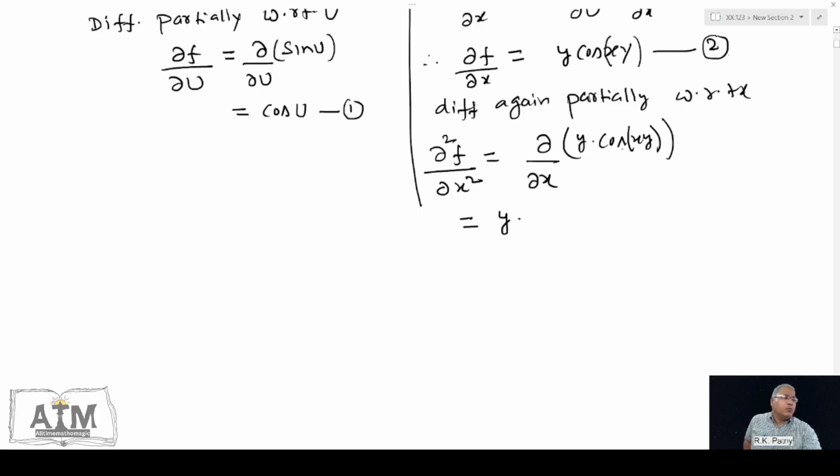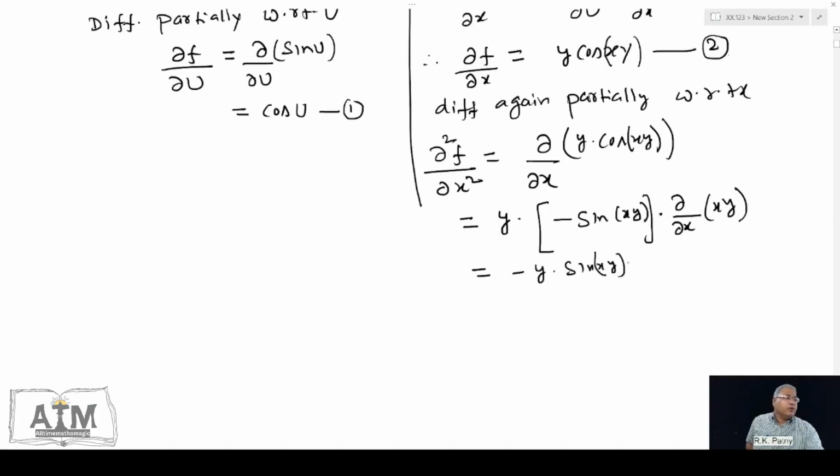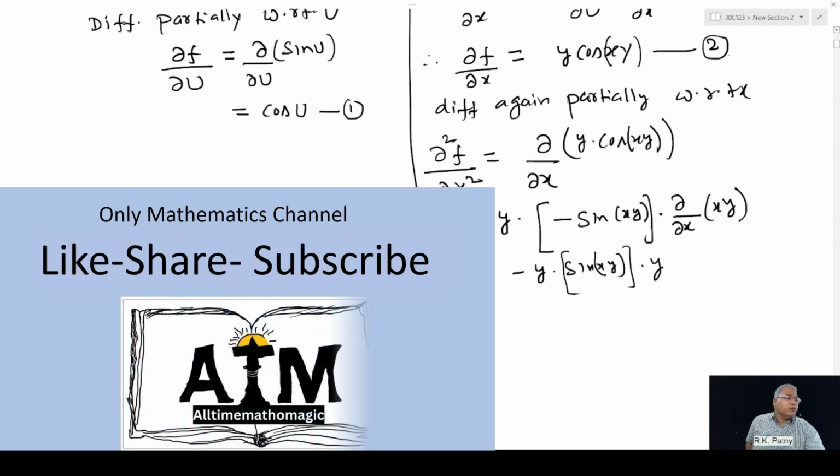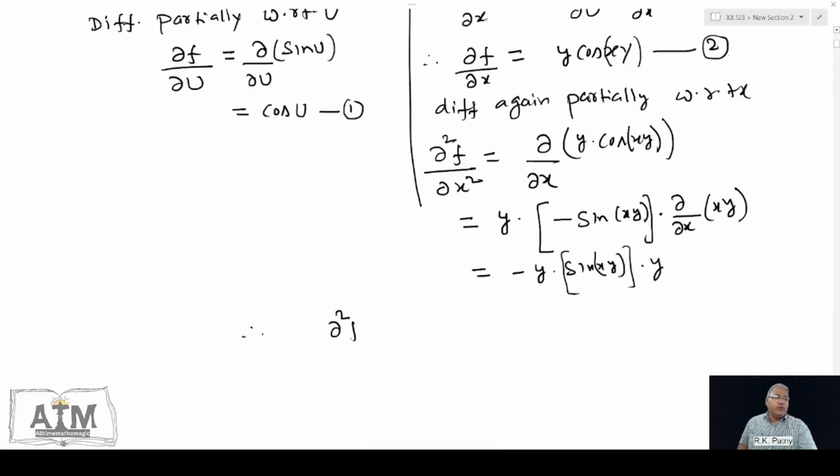Now for the partial differentiation of cos xy, again we need to apply the chain rule. First we find the partial derivative of cos of xy, that is minus sine of xy multiplied by the partial differentiation of xy with respect to x. So this is equivalent to minus y sine of xy, since the partial differentiation of xy with respect to x is y. Therefore, finally we get dou 2f by dou x2 equals minus y square sine of xy.